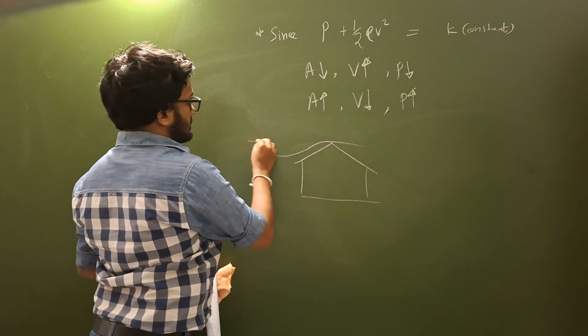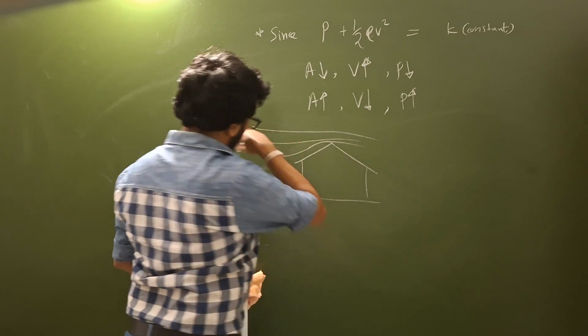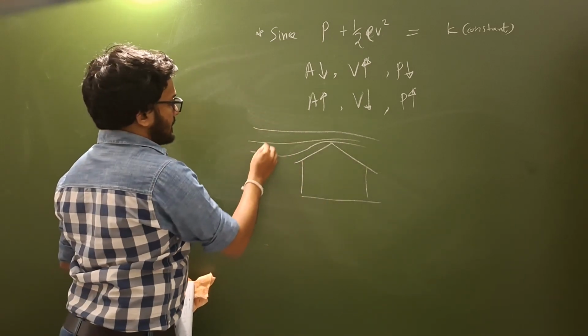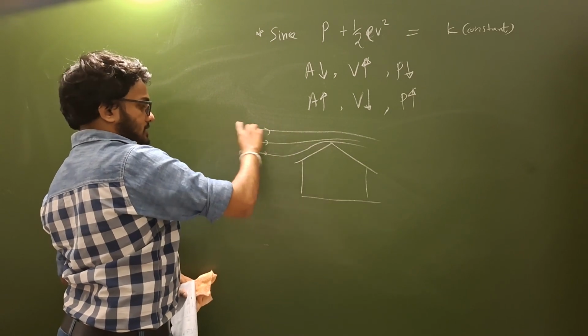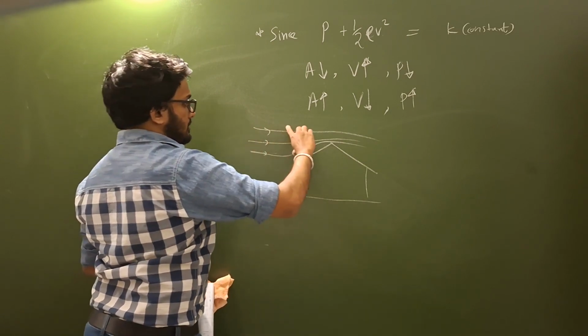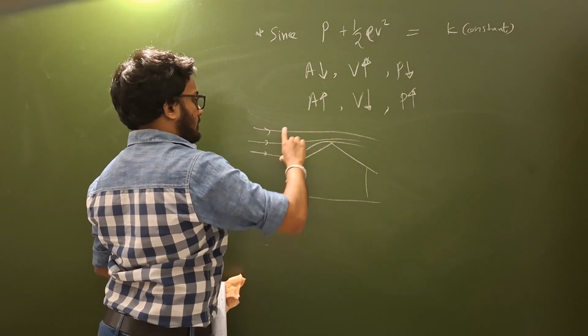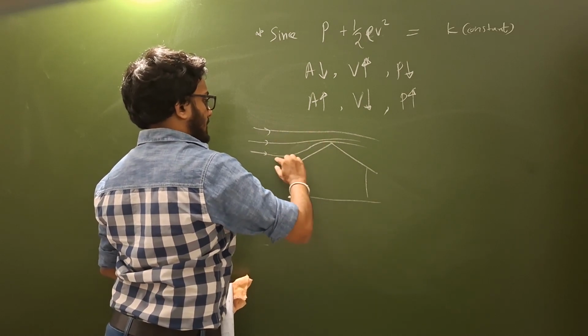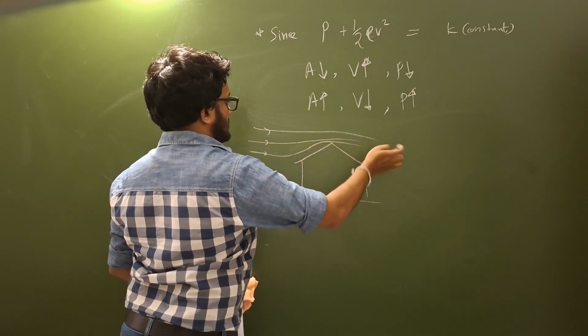Wind is flowing over the roof. The streamlines are like this, and when it flows over the roof, it can't go through the roof. Therefore, the streamlines, the particles, will flow somewhat like this.